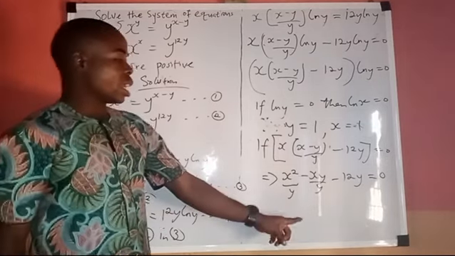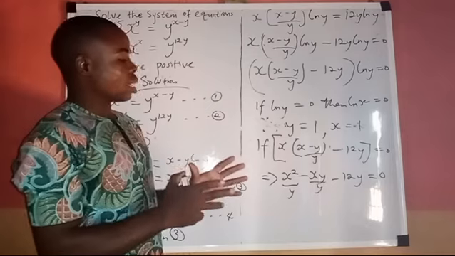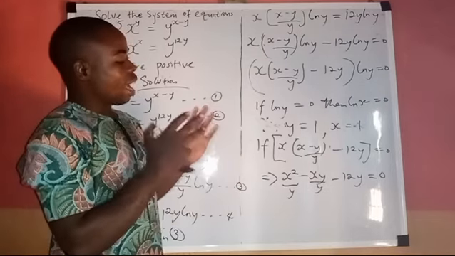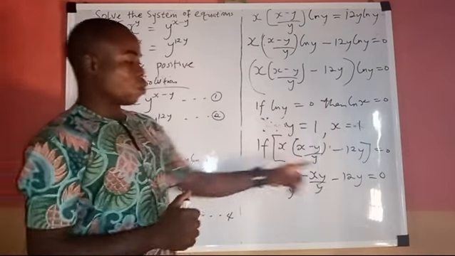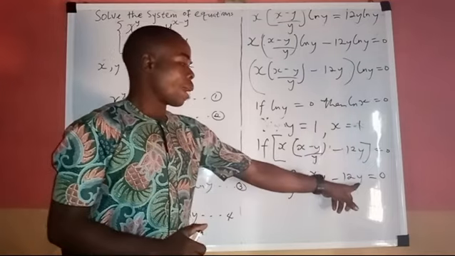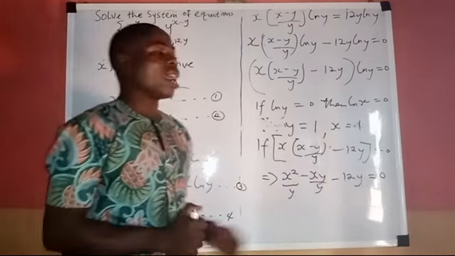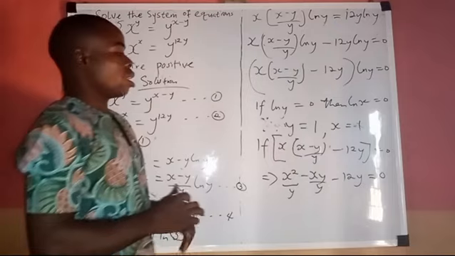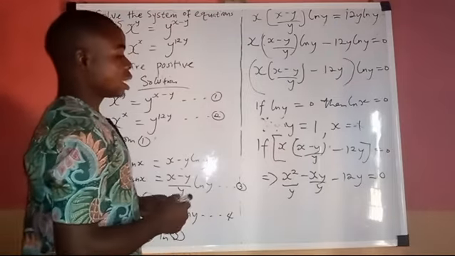What we are going to do again is, so that we have it in the form of a quadratic equation, we divide through by y, so that we have our 12 as the constant of the quadratic equation.